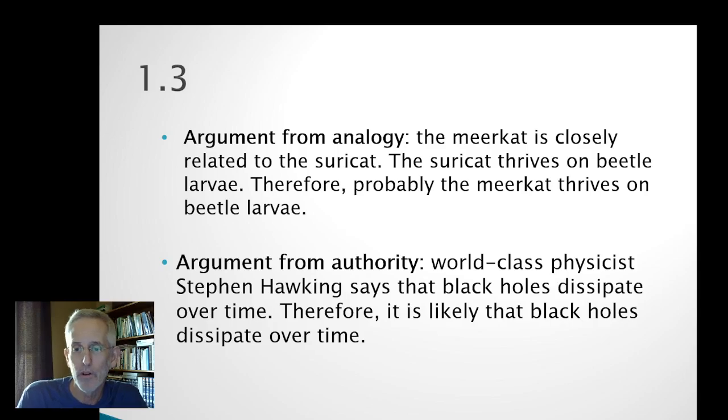Black holes, in fact, were one of his primary areas of study. Now, if I used the wrong kind of authority figure, it would make the argument much weaker. If I said Lyndall Rowe, I'm a philosopher, says that black holes dissipate, then that's not a particularly compelling argument because my area of expertise is not black hole physics. So the strength of an argument from authority is based on how authoritative the actual individual is that's being referenced.